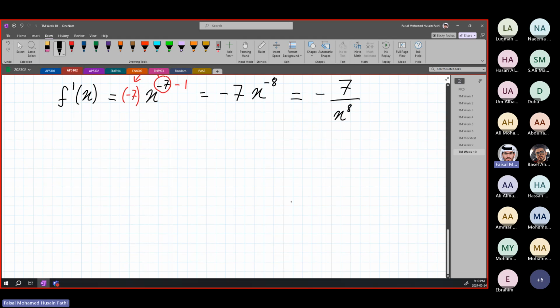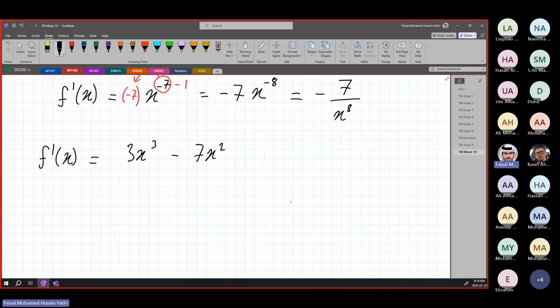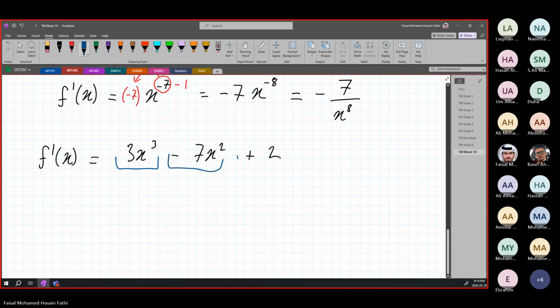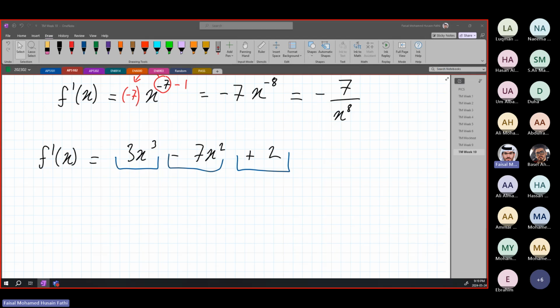Again, the rules for differentiation, let's say you have 3x cubed minus 7x squared plus 2. For example, we have this. You will differentiate each one by itself. The plus and the minus in between do not affect the differentiation in this case, when they are just simply by themselves. So f prime of x.